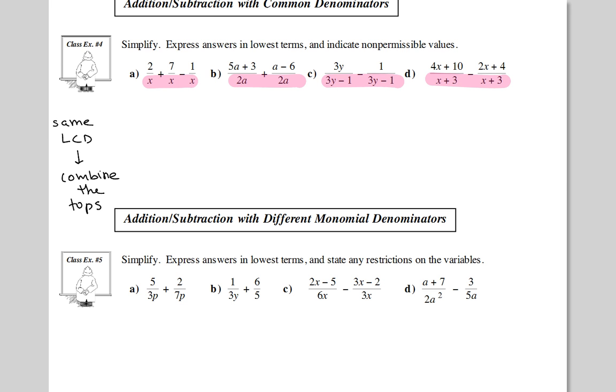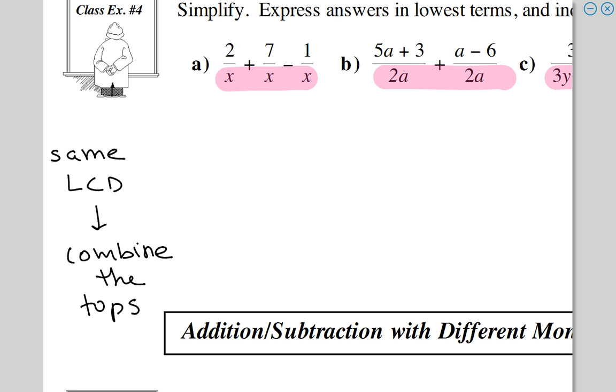Okay, so first one, 2 plus 7 minus 1, 8 over x. Is there an NPV for that first one? What is it? 0. Good. Why? Ashwin, why? It's obvious, right? It's too obvious for you. What about Kausar?